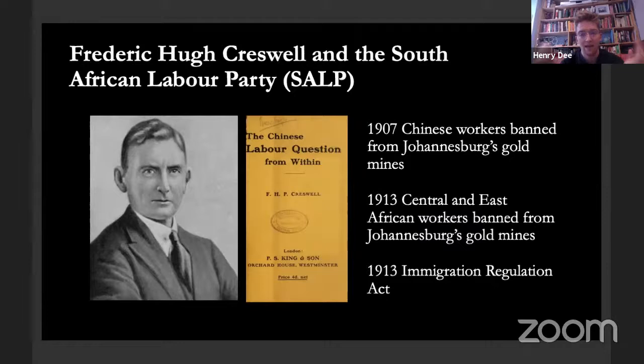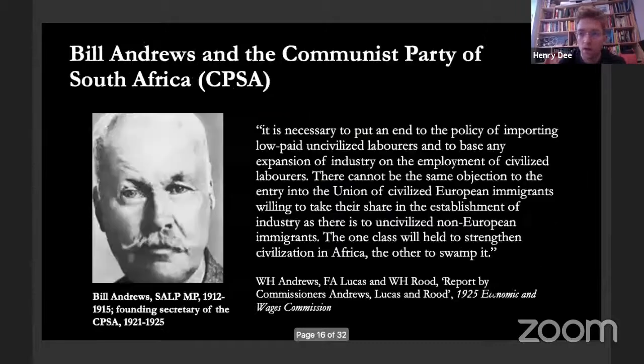I suppose the 1913 Land Act is famous as a really important moment in the segregation of land in South Africa, but at the same moment, you've got the segregation of the working class, which then has a profound impact on future generations.